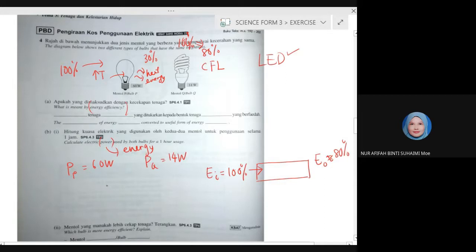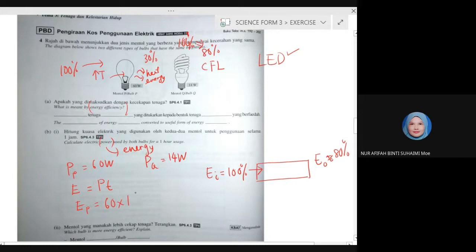So calculate electric energy used. For energy, E equals PT. For bulb P, energy is 60 times 1 hour.